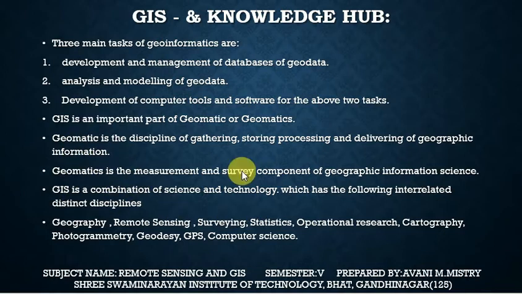Geomatics is the measurement and survey component of geographic information science. GIS is a combination of science and technology which has the following interrelated distinct disciplines: geography, remote sensing, surveying, statistics, operational research, cartography, photogrammetry, geodesy, GPS, computer science, etc.